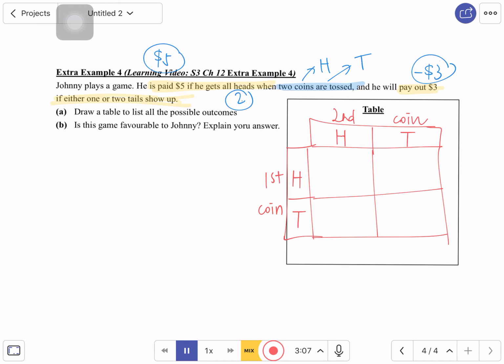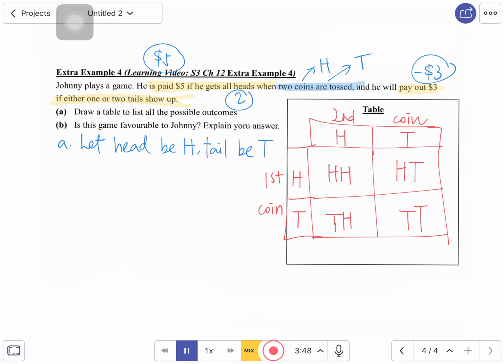So now if the first coin is a head and the second coin is also a head, we can represent it by HH, when we let the head be H and tail be T. So when the first coin is head, second coin is T, the result can be represented by HT. Similarly, the remaining 2 cases will be TH and TT.